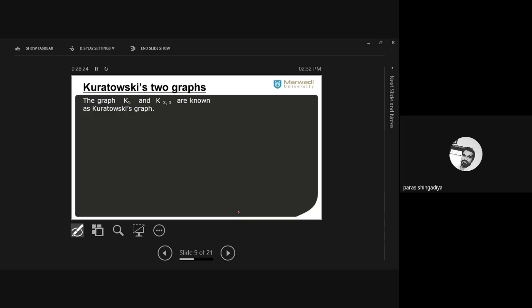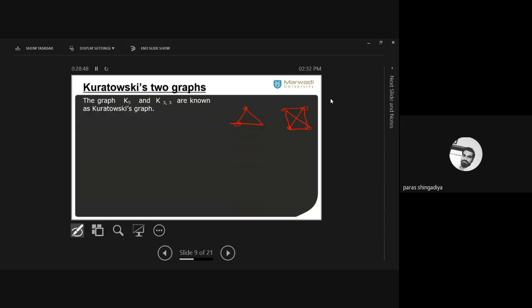So up to K4. K1 is only one vertex. K2 has two vertices with one edge. And now the shape of K3 and K4. What is the shape of K3 and K4? That is the shape of K3, and that is the shape of K4. See, our K3 is usually a planar graph.